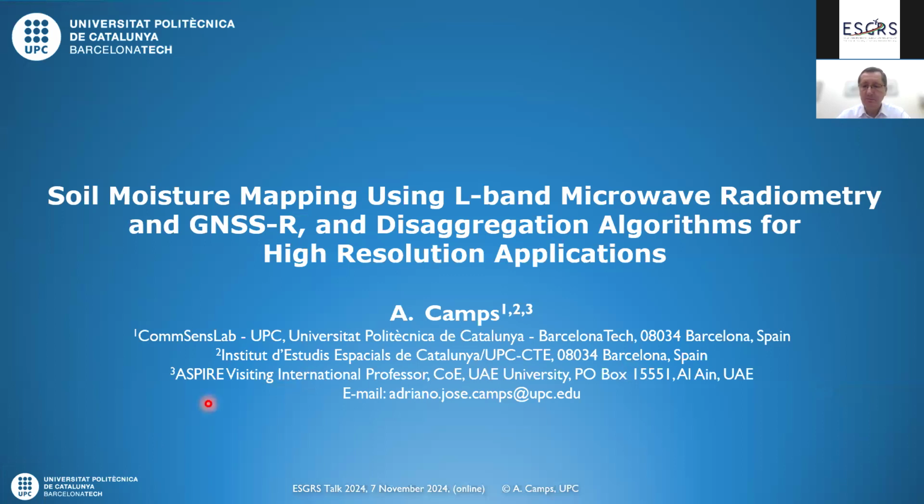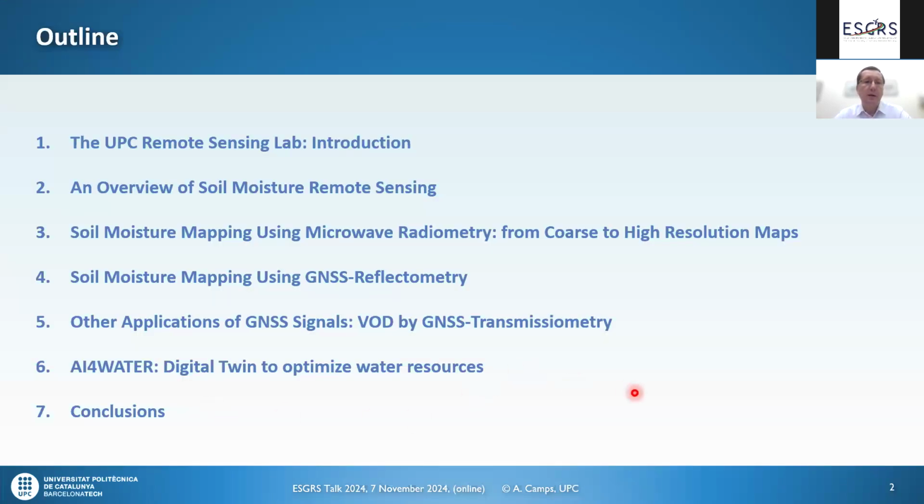So the outline of this presentation is the following. First, I will make an introduction of our lab, basically what we do at the Remote Sensing Lab within the Department of Signal Theory and Communications at the School of Telecommunications Engineering at UPC.